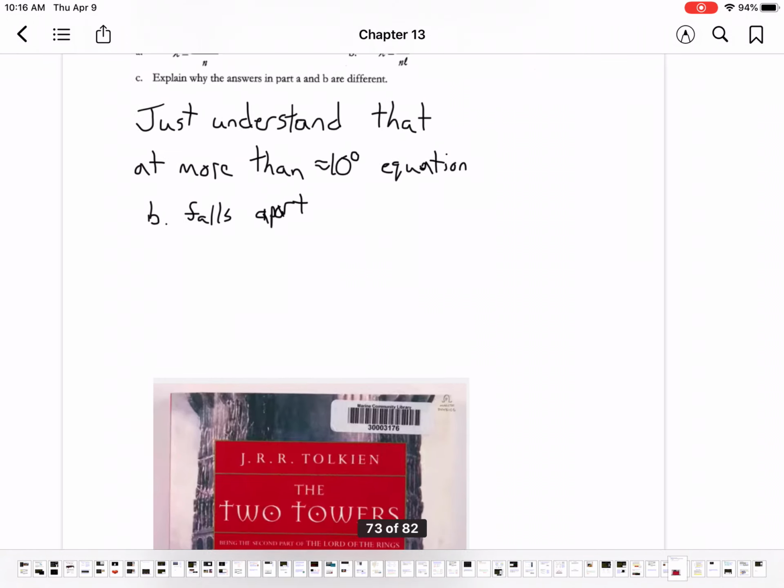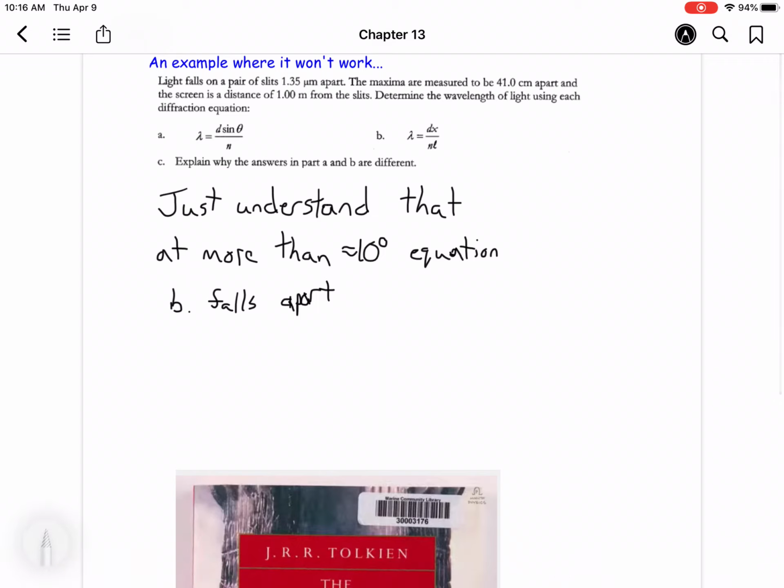All right, so the next page, there's basically this understanding. I could go through all the algebra here and put this question in, and we get different answers for A and B. The reason we get different answers is that for A, the angle is larger, so you have to find the angle using trig.